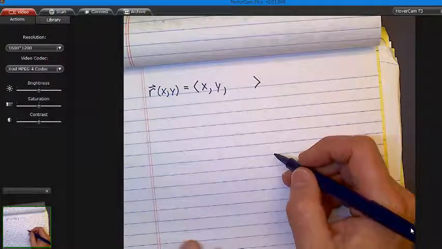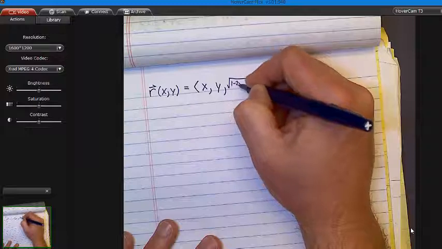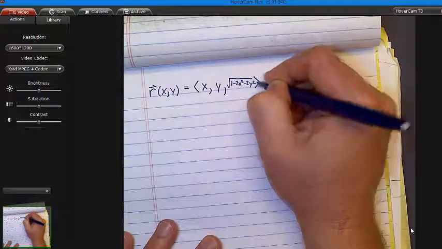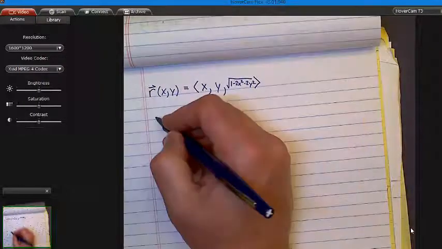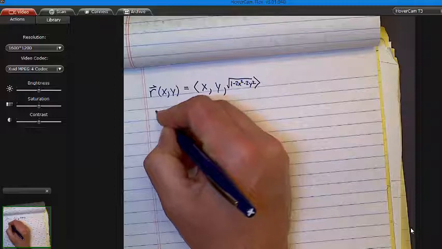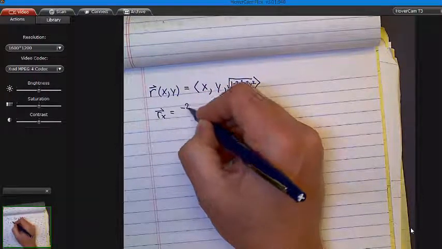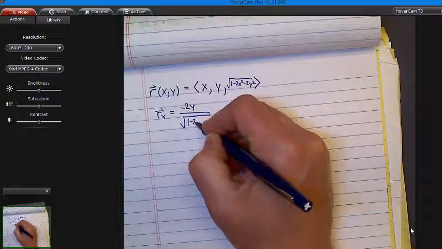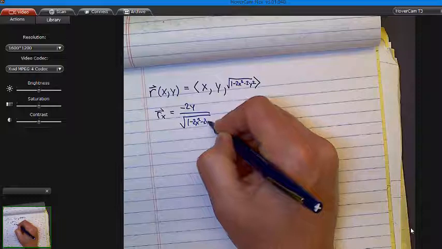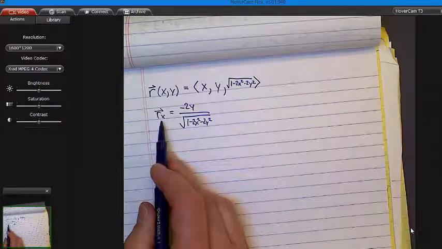That was this square root of 1 minus 2x squared minus 2y squared. So there's r. Okay? Then if I want the normal vector, I'll need to compute r_x and r_y. Well, I already did that. I remember I got r_x was negative 2y over the square root of 1 minus 2x squared minus 2y squared. But when I say that that's r_x, that's not quite right.